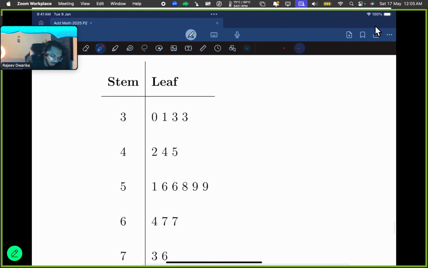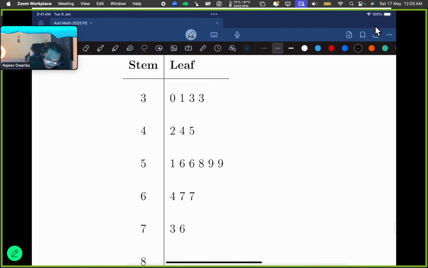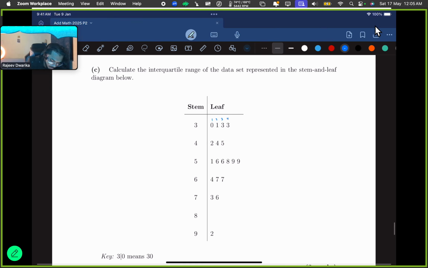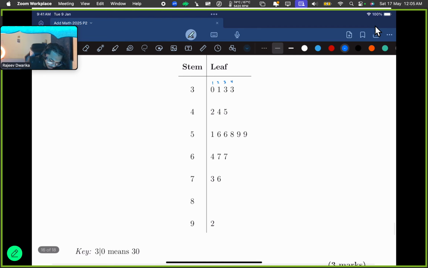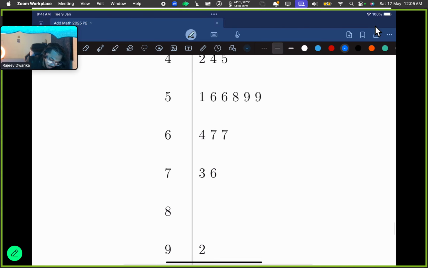Okay, so let me just count it fast. 1, 2. Wait, check it. It has an 85 and a 92. 85. Okay, so it's supposed to have a 5 over here. Yeah. Okay, so just check it one more time.